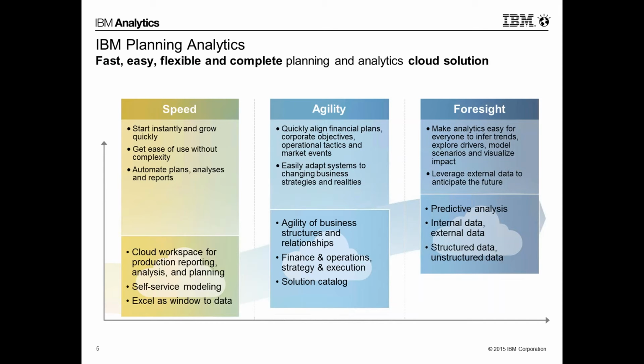When I speak to customers, they're usually looking to fix their planning problems quickly. Very often what that means is that they want to start small, maybe by looking at just one area of their business, maybe one process in the business. But then over time, they want to grow that and expand, add more data, deal with more processes, add more users into their environment.